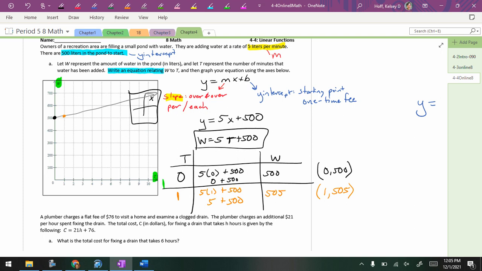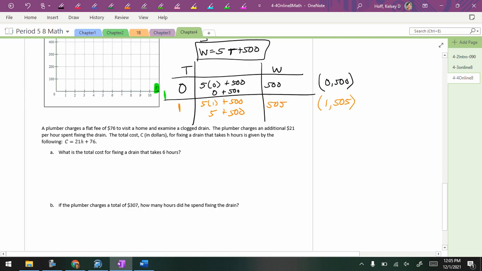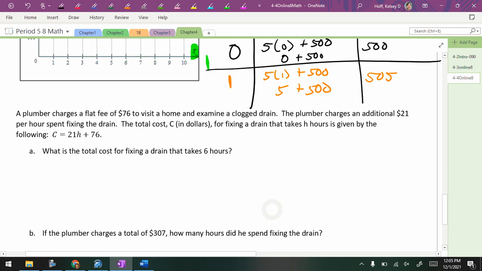0. Okay. A plumber charges a flat fee of $76 to visit a home and examine a clogged drain. The plumber charges an additional $21 per hour spent fixing the drain. The total cost, C, in dollars for fixing a drain that takes H hours is given by the following: C equals 21H plus 76.